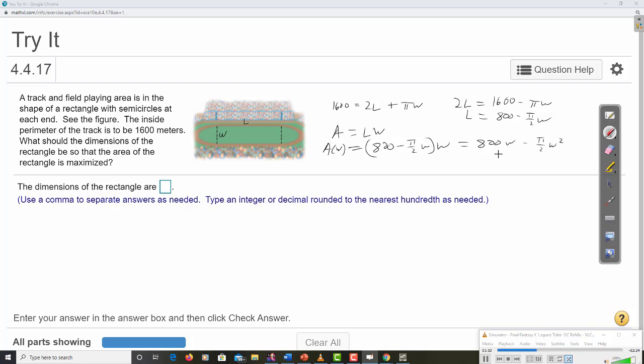Note again, we have a quadratic function that is downward facing because of the negative A. And if we want to find the maximum value of it, which we do, we're just finding the vertex.